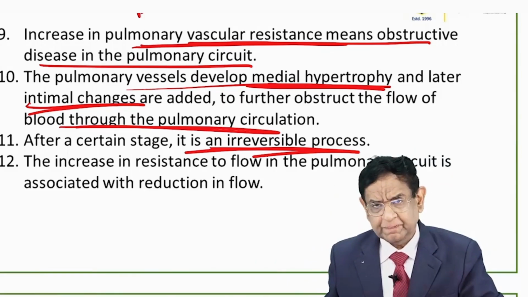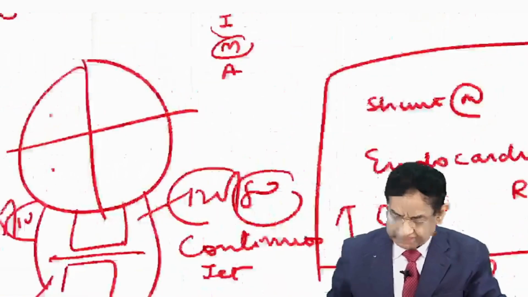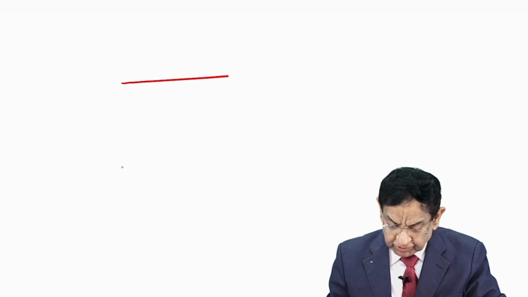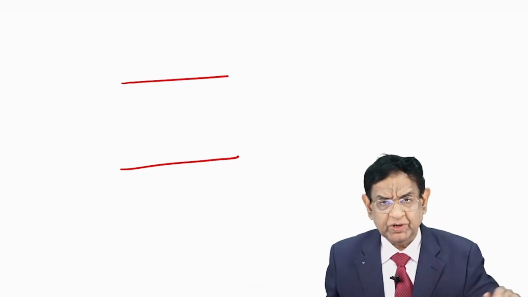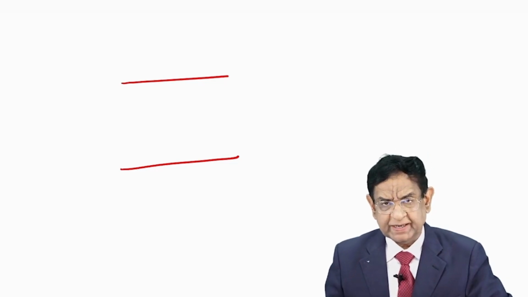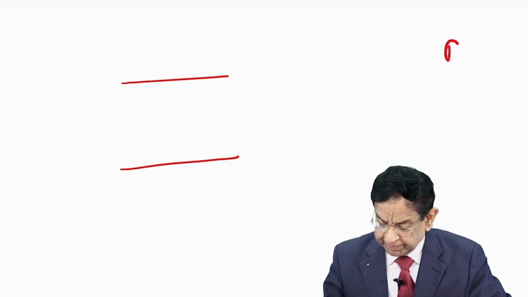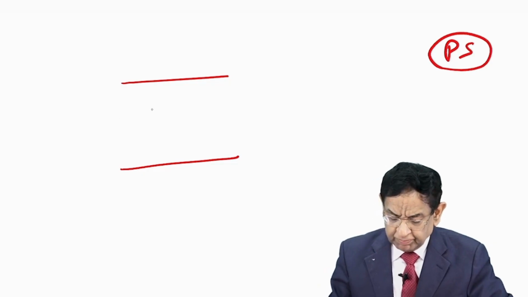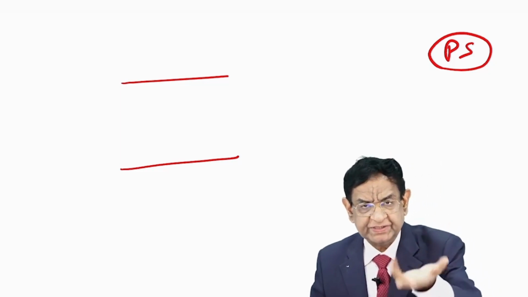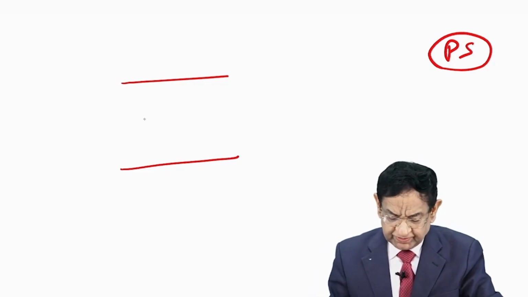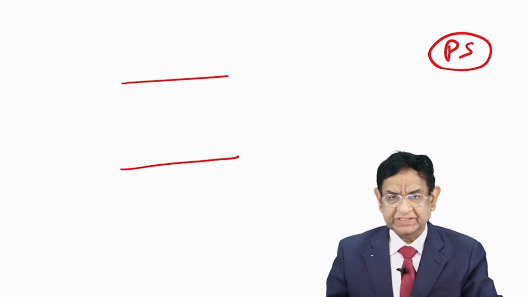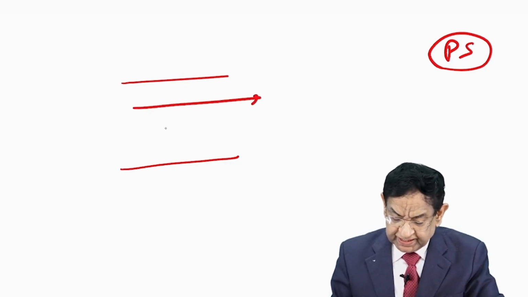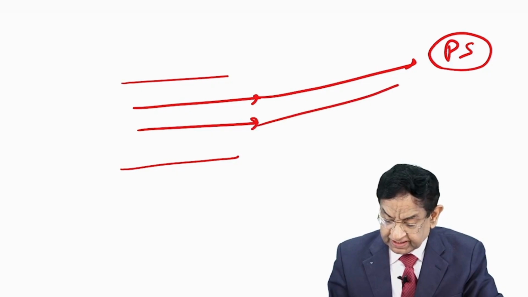So friend, there is one more pathophysiology: increased resistance versus increased flow. Let me give you an example. You are going on a highway for a picnic, and there's a big picnic spot. Normally very few people go on weekdays. This is the weekday traffic.